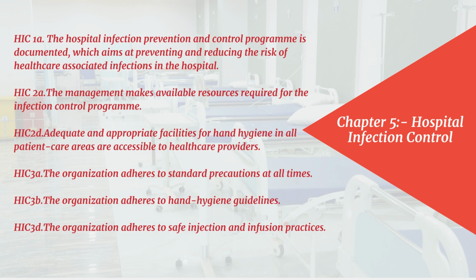HIC 2A, fifth chapter, second standard, A objective element. The management makes available resources required for infection control program. HIC 2D, fifth chapter, second standard, D objective element. Adequate and appropriate facilities for hand hygiene in all patient care areas are accessible to healthcare providers.